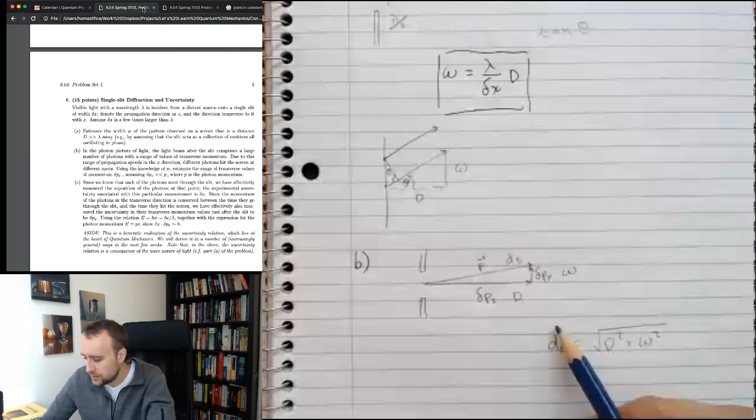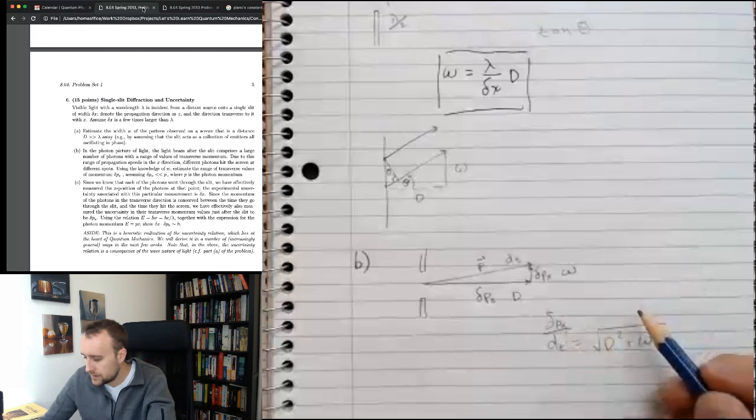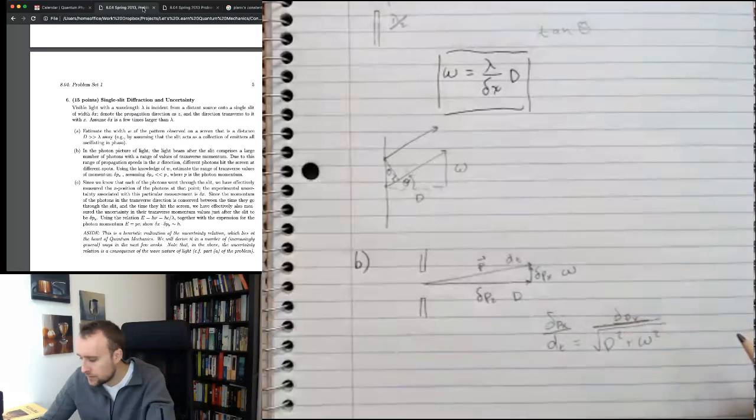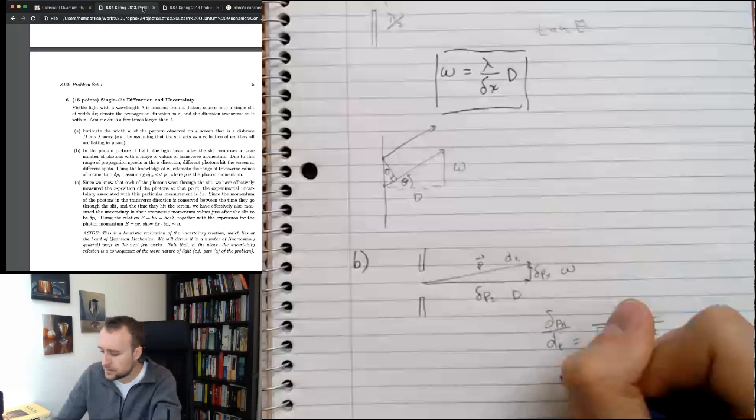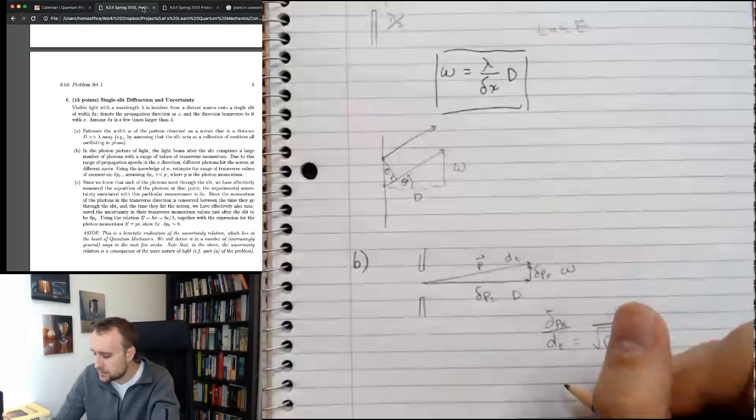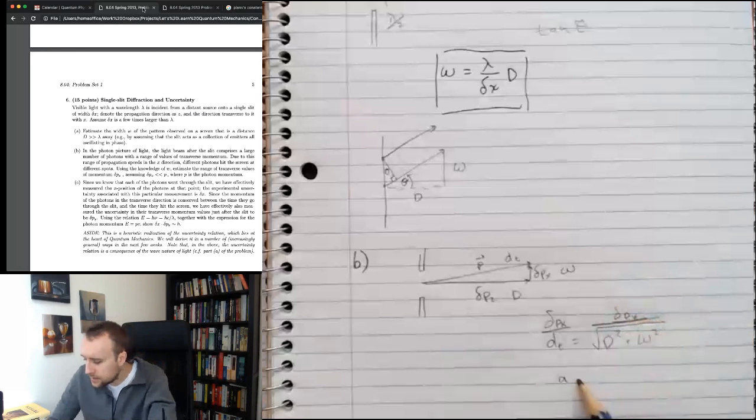So we have dpx divided by dp is equal to dpx divided by all this. I'm just going to call this A.